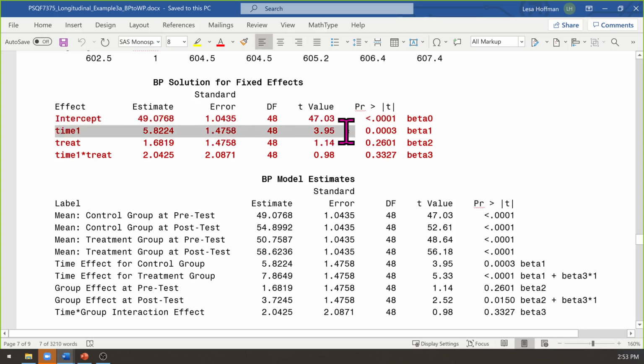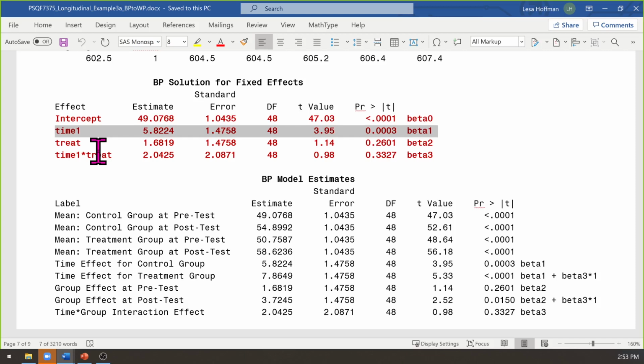Time 1, then, is the difference of how post-test compares to pretest. So post-test is higher on average by 5.8, ... What else do I have to add onto my sentence in order to make it correct? This is a conditional, simple effect.